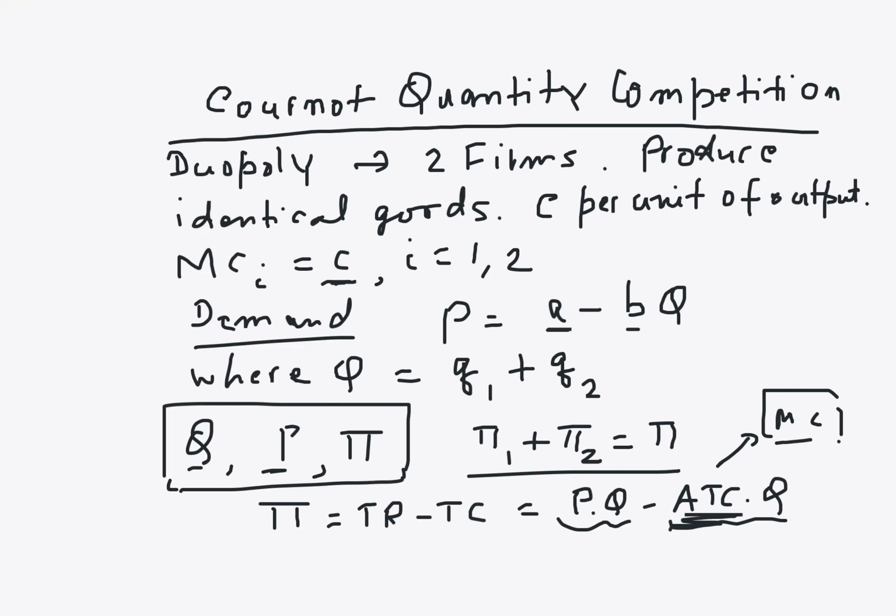Let's first write down the profit function of firm 1. Since both firms are identical, you don't have to write down the profit function of firm 2, because they are identical. So the profit function is going to be symmetrical here.